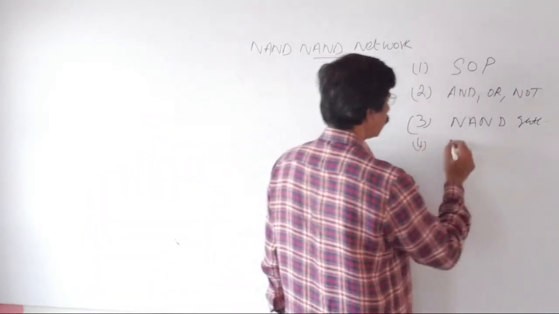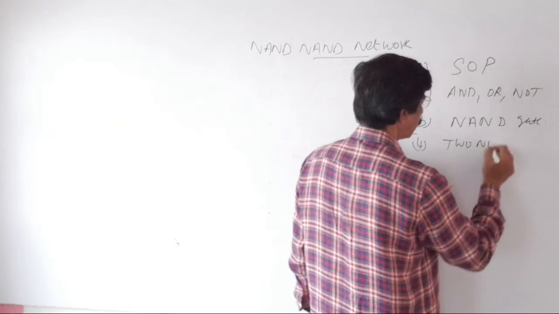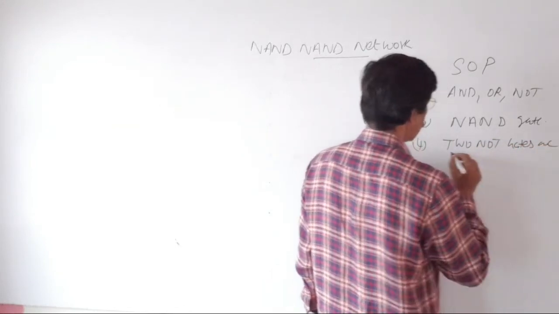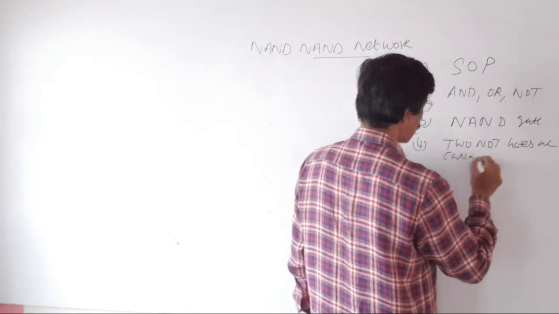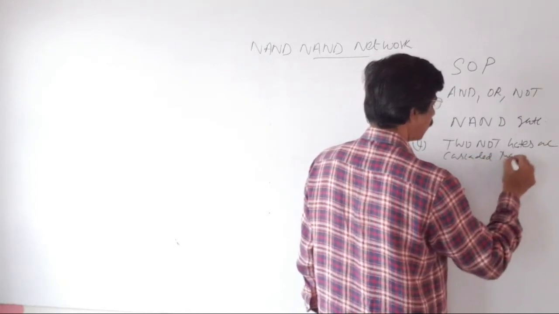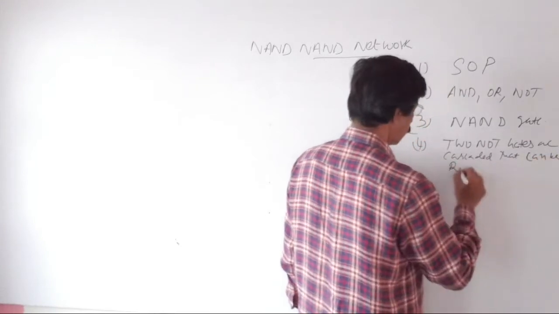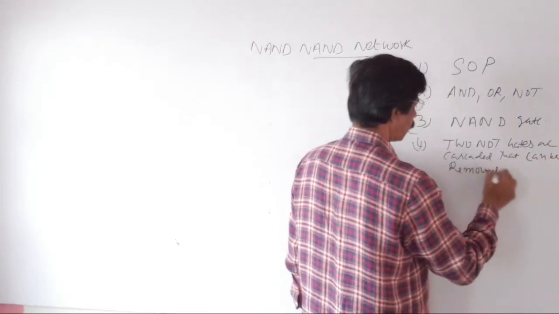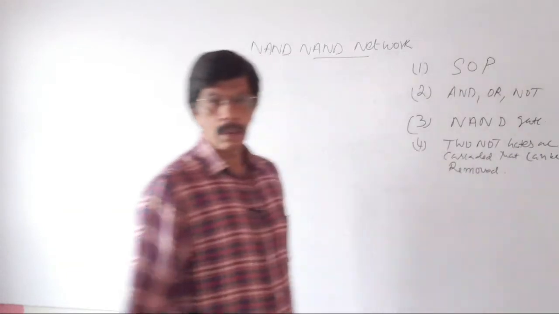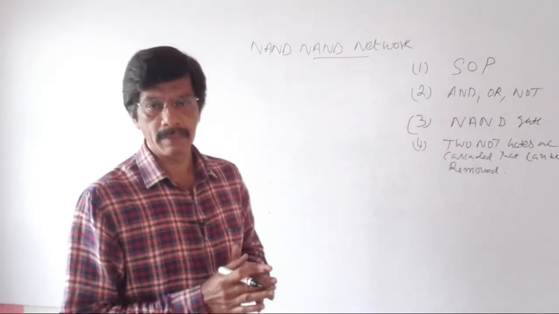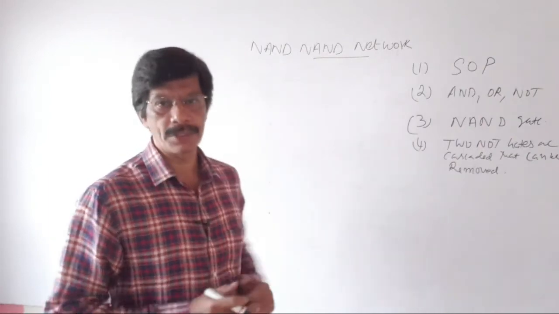Number 4, two NOT gates are cascaded, that can be removed. The final circuit consists of only NAND gate. Let us see how this is.